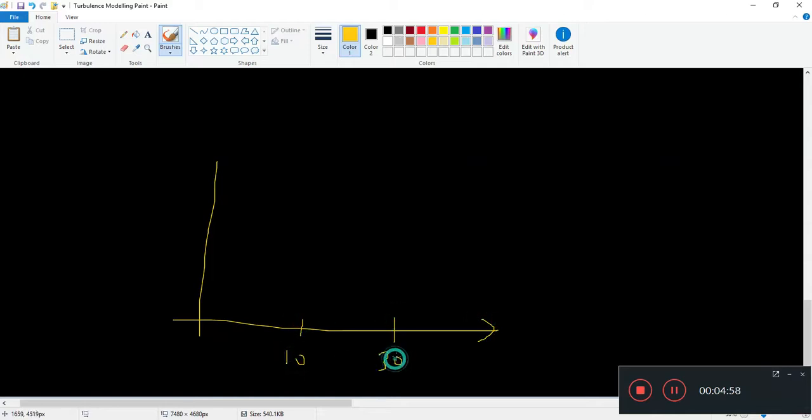You have the turbulent Prandtl number and you have y plus here. At 30 and below, it will shoot up to a value of about 2. This is as close to the wall as they could get. Well, I wouldn't say that close. So somewhere here you have a Prandtl number of 2, and somewhere down the road you have a Prandtl number of 1, and it flattens out here.